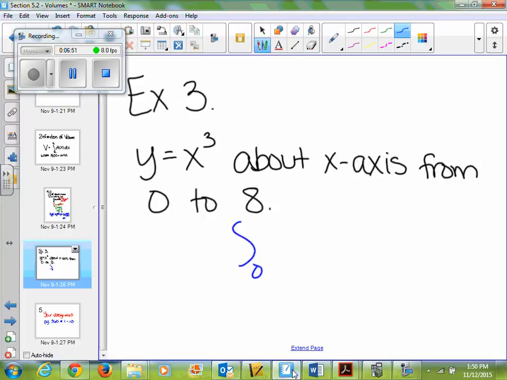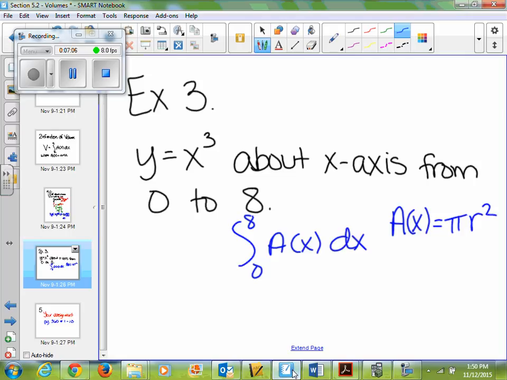So I would integrate from 0 to 8 A of x dx, where A of x is the area of my circle, and I find the area of a circle using what formula? Pi r squared. And what is my radius? X cubed.